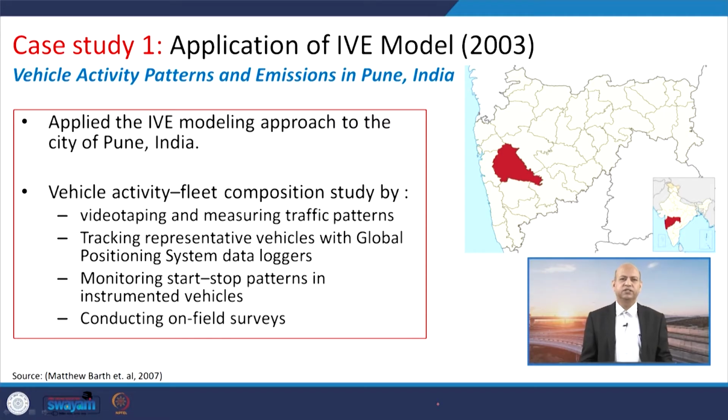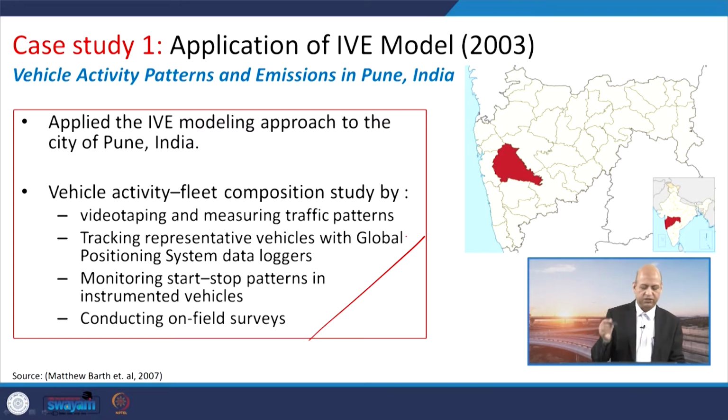Okay. This was the study which was conducted in 2003, and later on the results were published in 2007. This was applied in the city of Pune in the Maharashtra state of India, and different kinds of data were collected based on video taping, measurement of traffic counts and patterns of their movements, and then tracking representative vehicles with a GPS system.